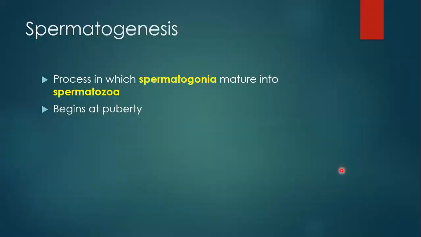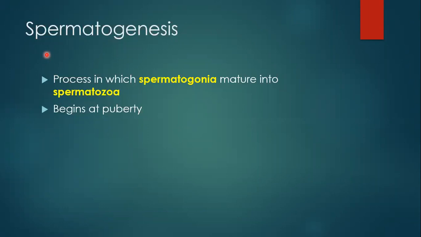Now, as we have completed oogenesis, we proceed towards spermatogenesis. Similar to oogenesis, which was the process of formation of the ova or the female gamete, spermatogenesis is the process in which the spermatogonia mature into spermatozoa, right?